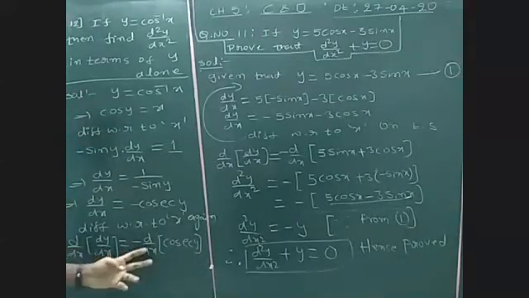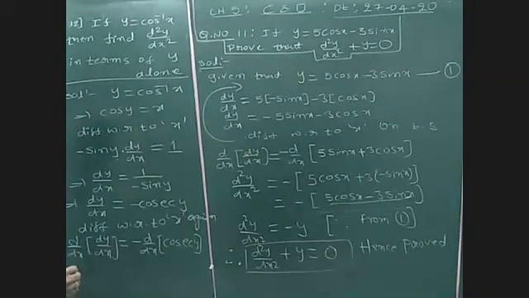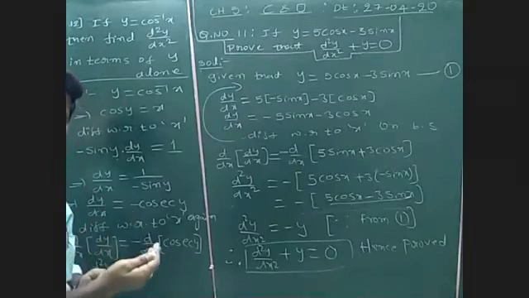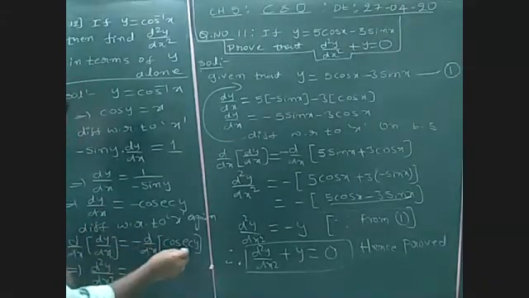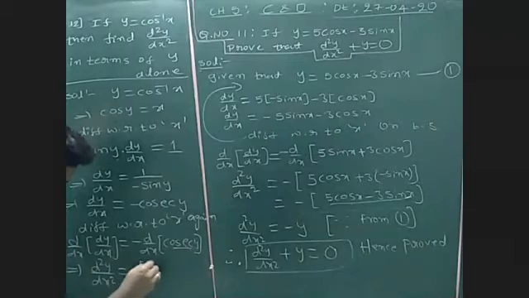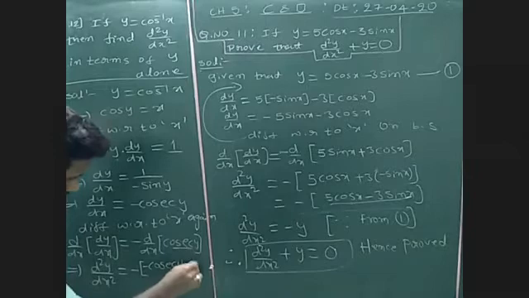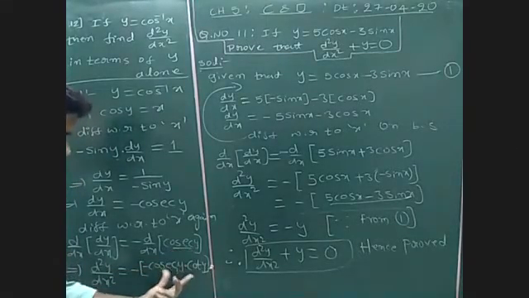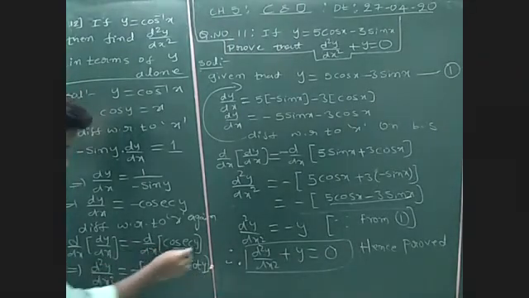Okay, look at it. The left side is clearly d square y by dx square. What about the right side? What is the derivative of cosecant? The derivative of cosecant y is minus cosecant y cos y, into again the y derivative.